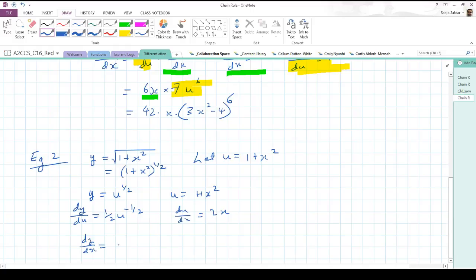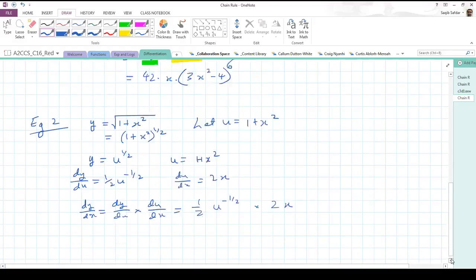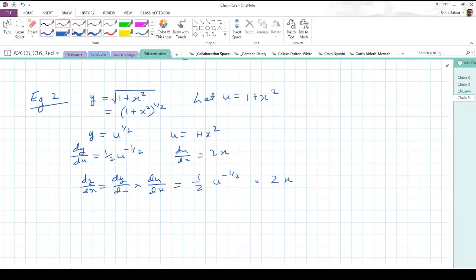So dy over dx is dy over du times du over dx. Okay, so dy over du gives us a half u to the minus a half, and then we're multiplying that by the 2x. We can obviously see the 2's are going to cancel with the half, and we'll end up with x times u to the minus a half.